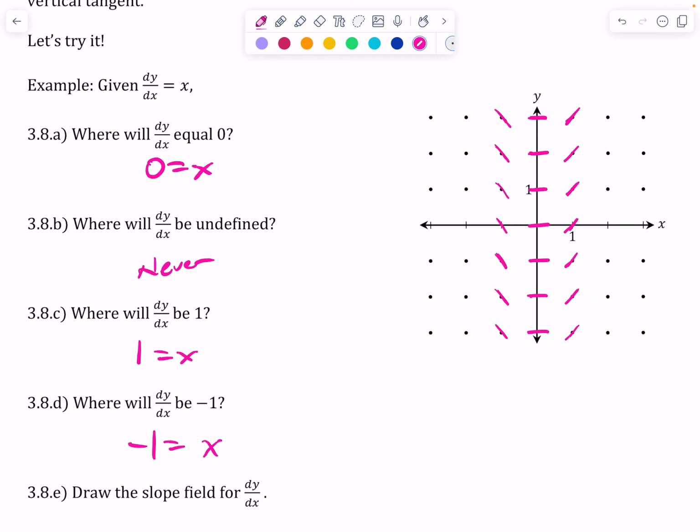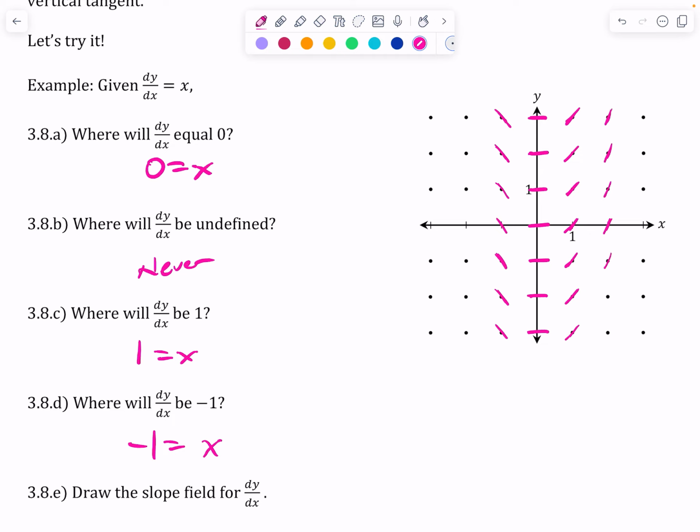Continuing this, I'm going to look at all this column, and I'm ignoring y values. Really, I'm just focusing on x, because dy/dx is given to us just in terms of x, not in terms of y. When x is 2 over here, the slope is 2. So I'm going to draw slightly more sloped lines here.